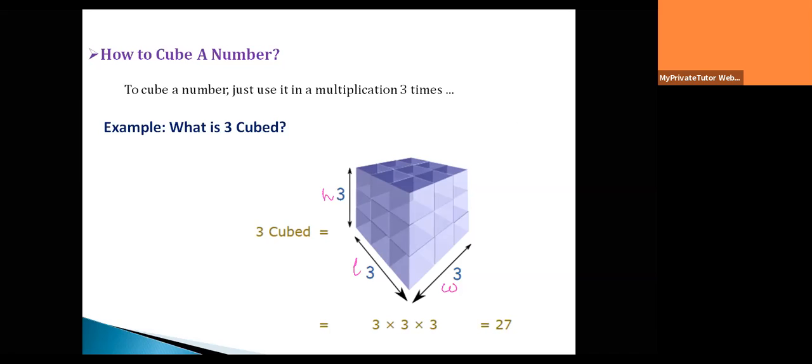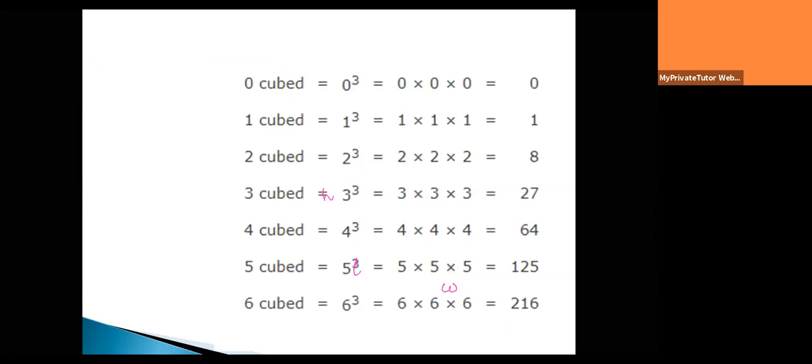You can see the definition. The cube number is nothing but using multiplication 3 times. And these are the basic cube numbers up to 6 that I have uploaded here. Hope everyone can see that. 0 cube is 0, 1 cube is 1.